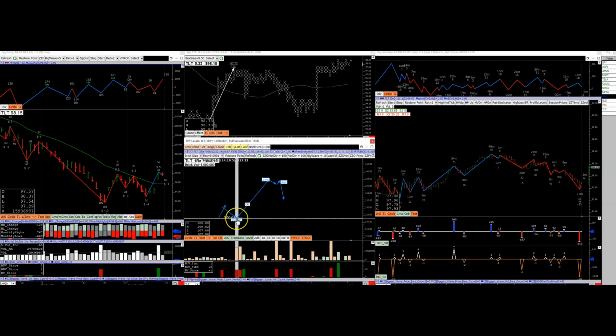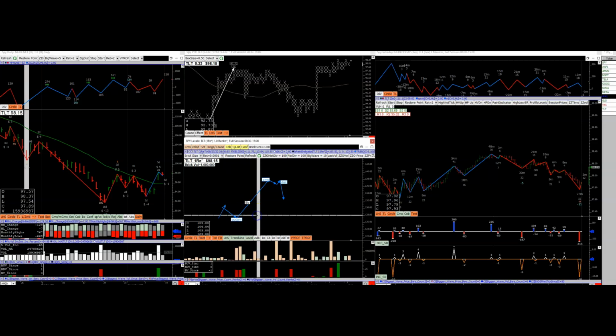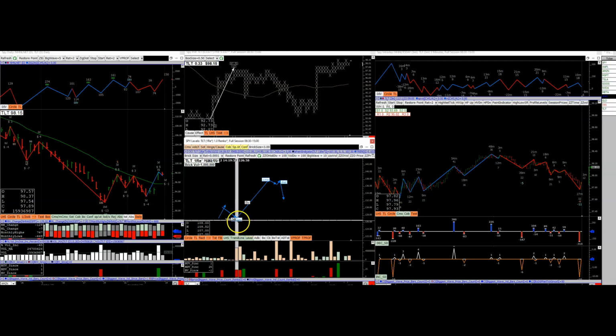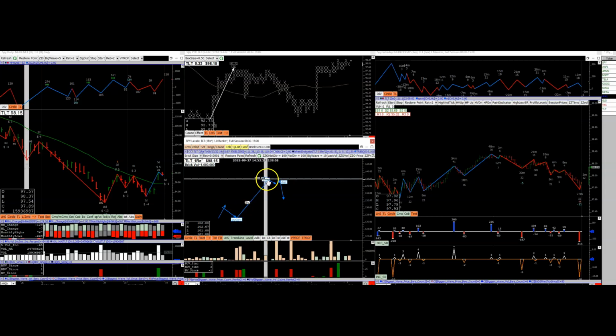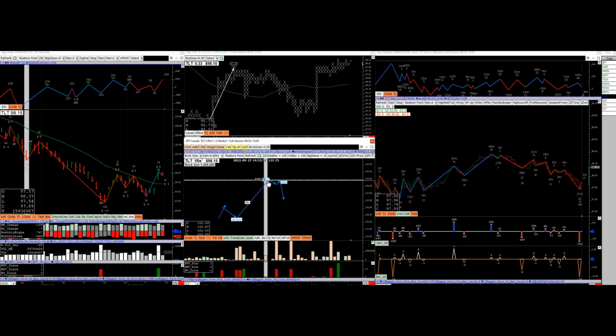Accumulation starts the move, breakout continues the move, and climax terminates the move. Simply stated, one to start the move, one to continue it, and one to end it. So accumulation, then above this high, breakout, then eventually you get climactic action.